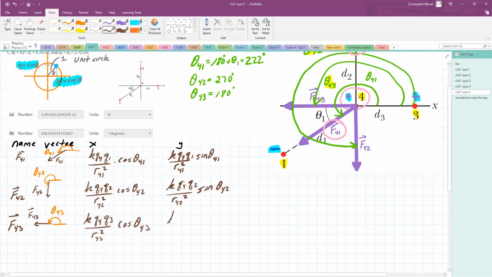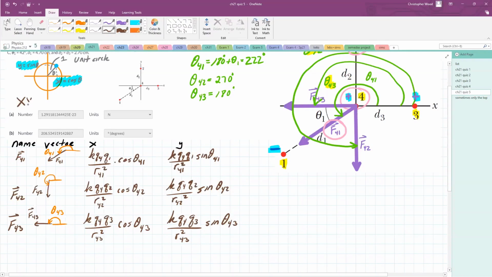Same for the y: k q4 q3 all over r43 squared, where r43 is the distance between 4 and 3, times sine theta 43 to capture the y component. And that's it. We are officially done with the XY force table setup.